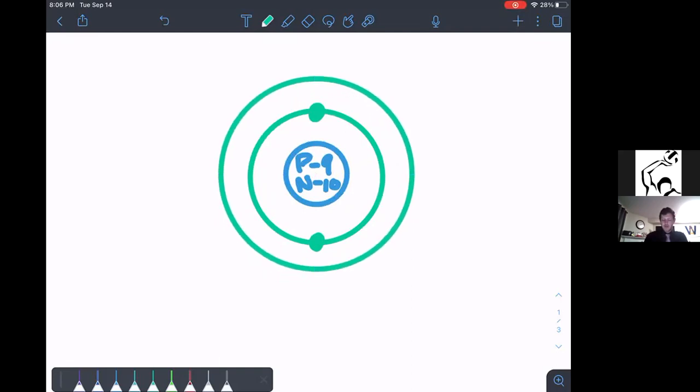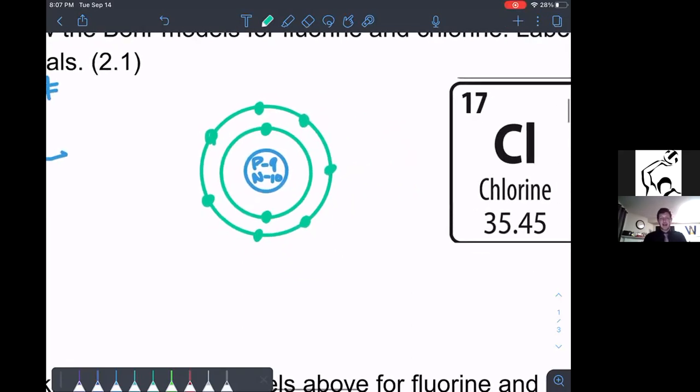So we added a second ring, and we need a total of 9, and we've already used up 2, which means we only need 7 more. 4, 5, 6, 7, for a total of 9 electrons on our atom. So we can see there's 9 total. There's 7 on the second row or second orbital. It's 2 on the first ring or orbital.